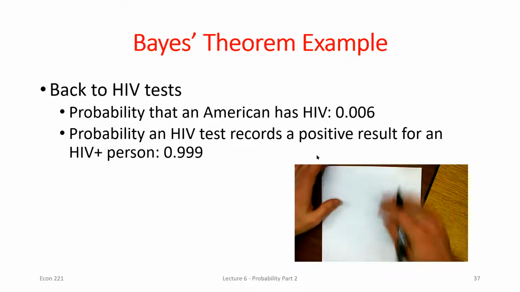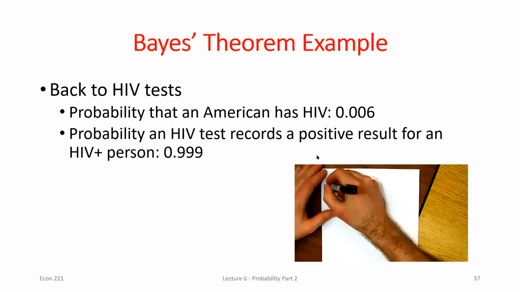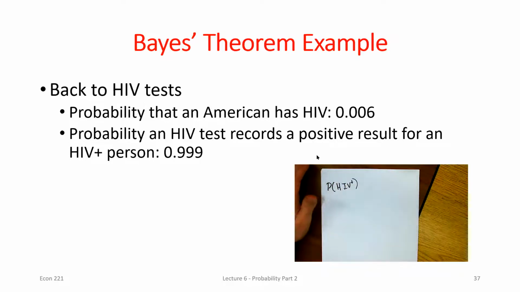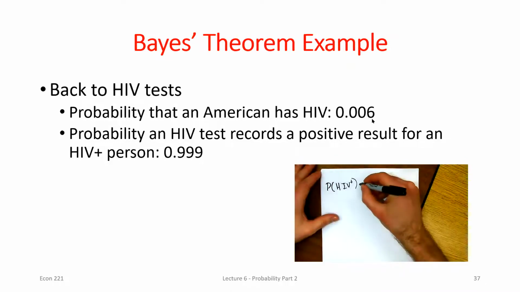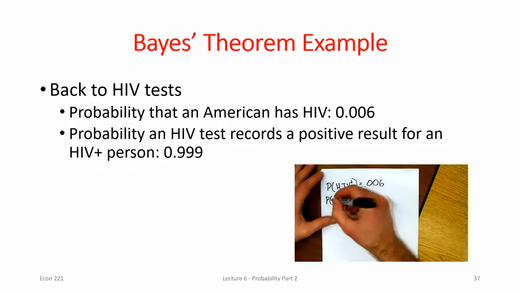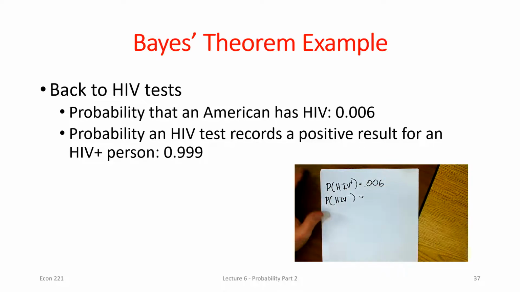So what we've really been given up to this point is the probability that if we chose someone at random, the probability they have HIV is 0.006, right? So let's start writing these probabilities down. If the probability that someone is HIV positive is 0.006, what's the probability that someone's HIV negative?